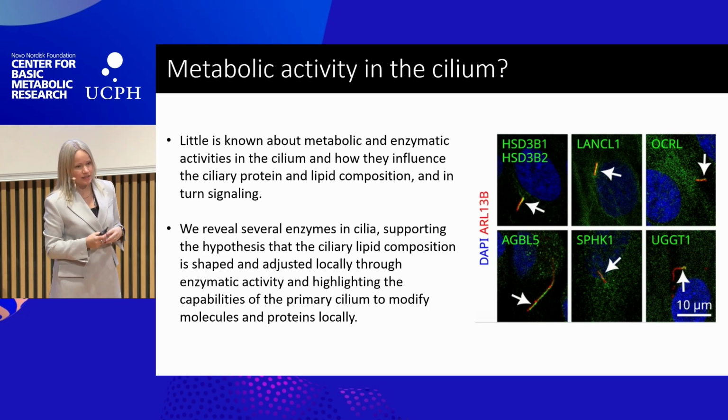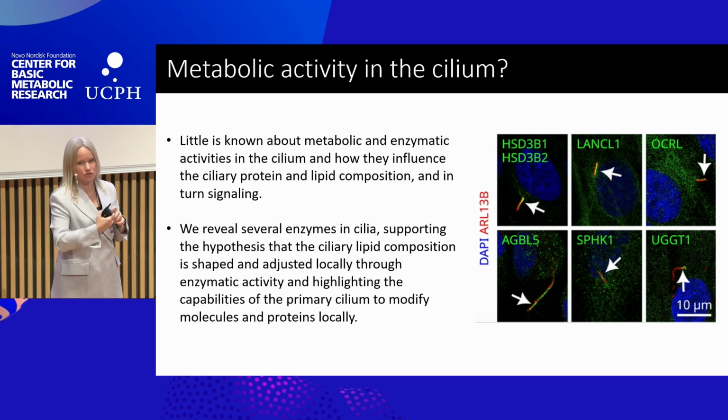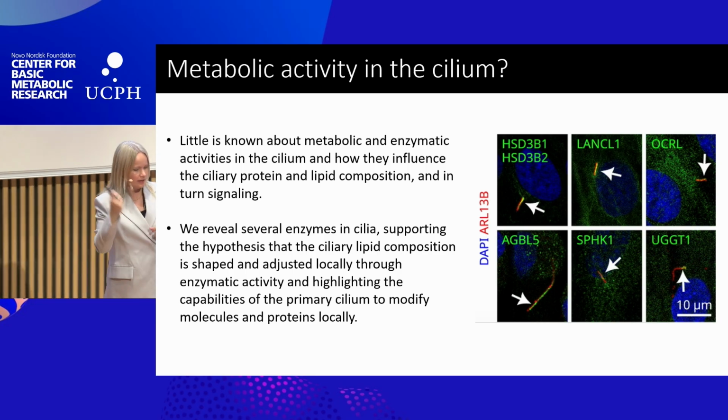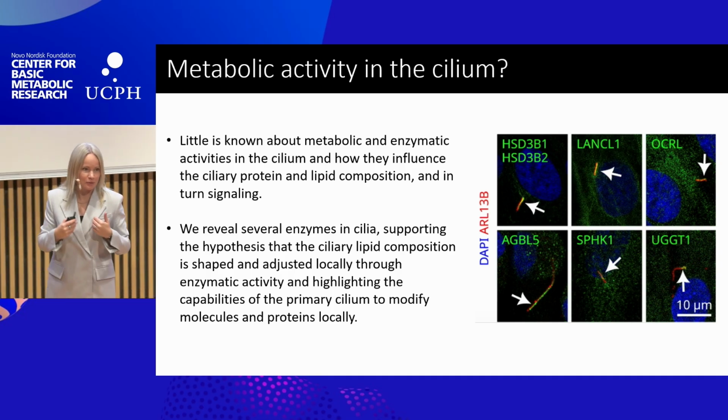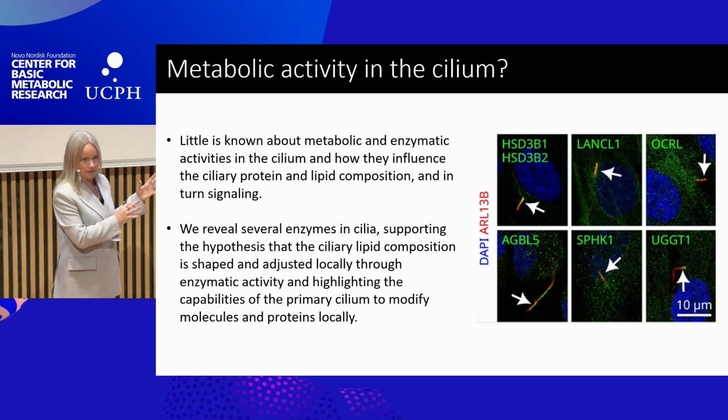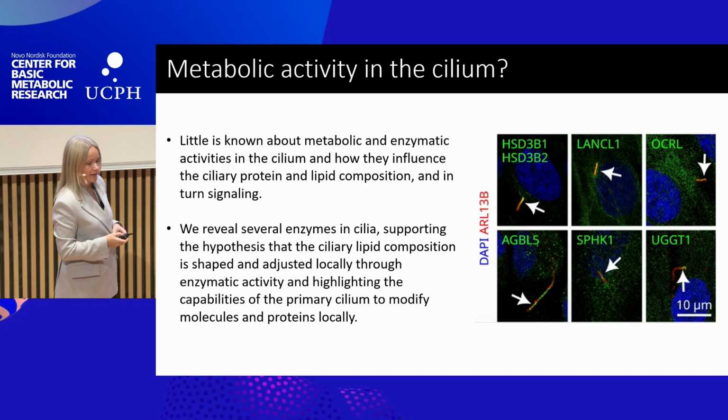So this at least suggests that there is some local production of lipids in the cilium and that the cilium itself might be able to change its lipid composition in order to adjust to certain signaling environments. But of course, more studies are needed to confirm this. And what was interesting with the cilium from our perspective, compared to many other organelles, is the very close link to this class of diseases called ciliopathies.